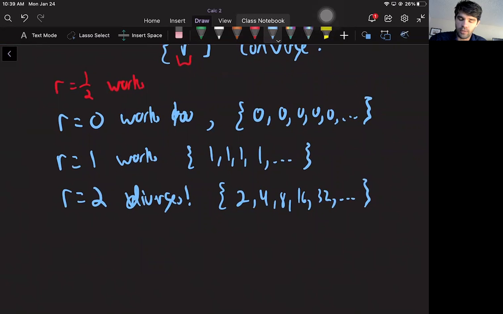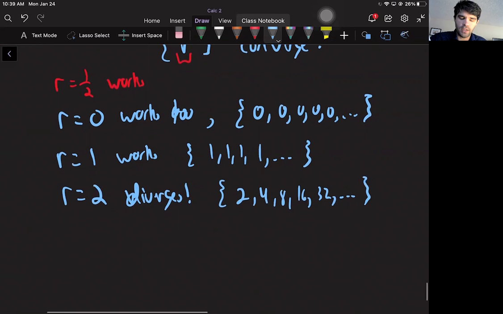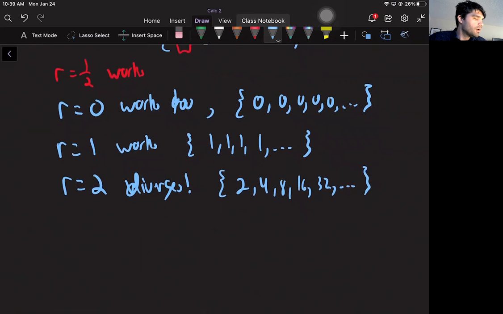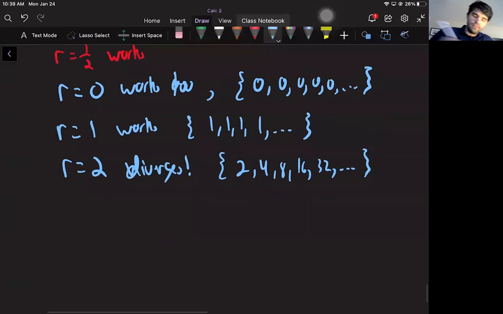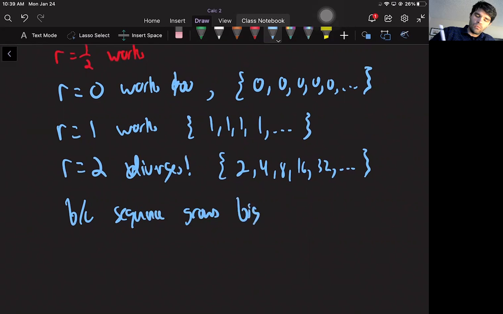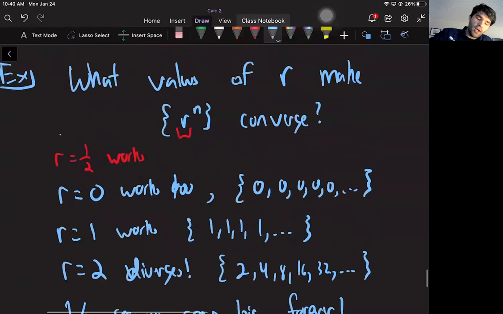In Calc 1, you might say that the limit is infinity, but we're not saying that yet here. We're just going to say it diverges because it just grows and grows forever. Okay. So the key is you need fractional numbers, numbers beneath 1, to make this work.